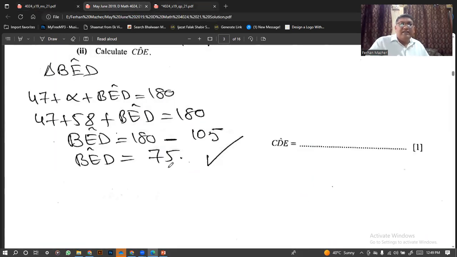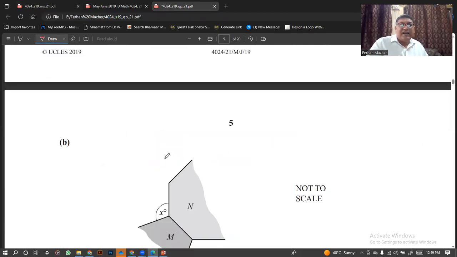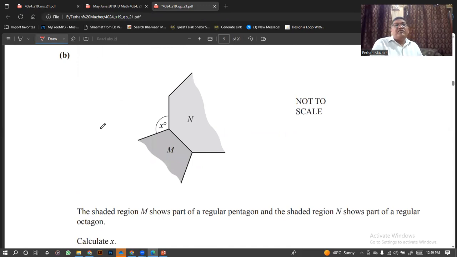Then we go to the next one. It says the shaded region M shows a regular pentagon, and the shaded region N shows part of a regular octagon. Pentagon means that it has 5 sides, and octagon means it has how many sides? 8 sides. And they are regular polygons.